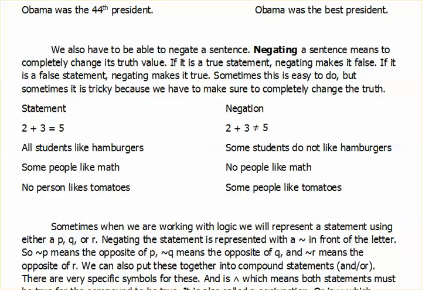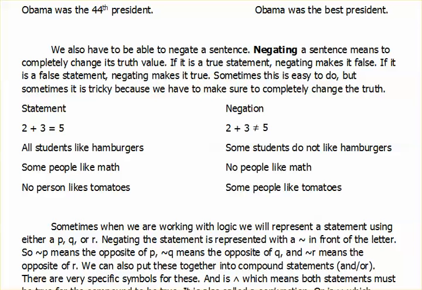We're talking about negation just simply takes the statement and changes the outcome of it from being false to true or true to false. So all we have to do in order to make all students like hamburgers into a false statement would just be to show that one of them did not like hamburgers. So we say some students do not like hamburgers.